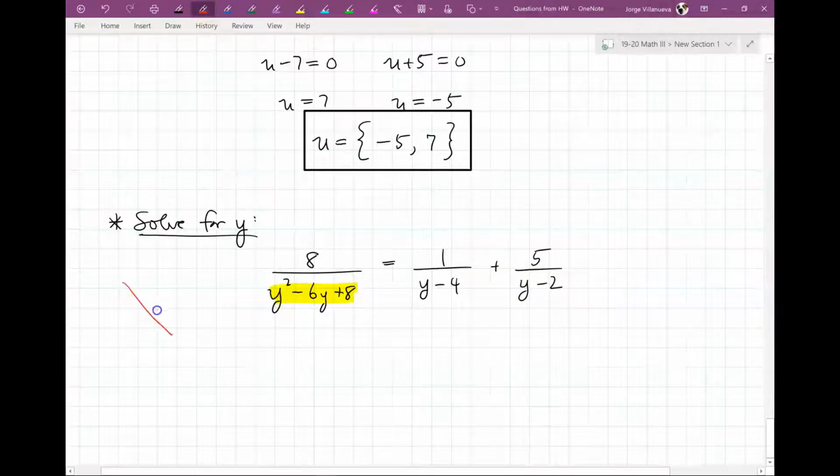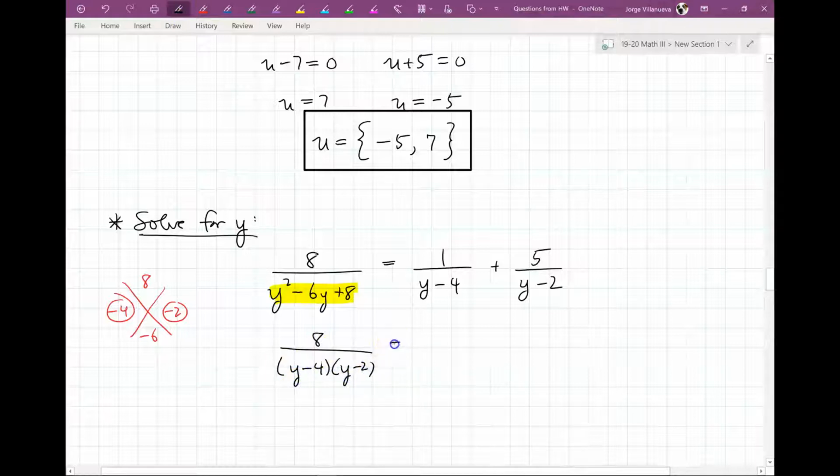So let's go ahead and factor that out. That's going to be a positive 8 here, a negative 6. That would be a negative 4 and a negative 2. So let me rewrite this. 8 over y minus 4, y minus 2 equals 1 over y minus 4 plus 5 over y minus 2.